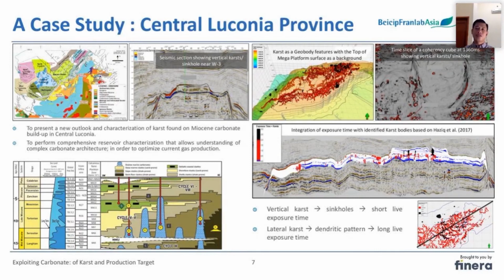Here, the karst would act as a conduit for fluid flow, breaking the continuous facies barrier. The karst interpretation will greatly aid the dynamic understanding of the early water breakthrough occurrence in this field. Of course, this would help us to optimize the current gas production and reservoir management.